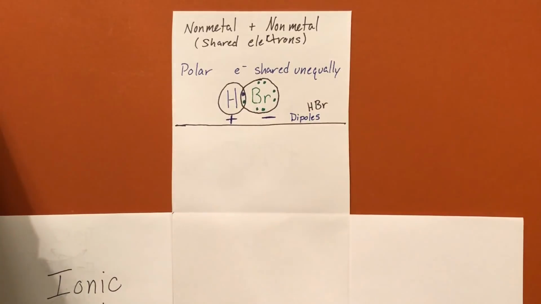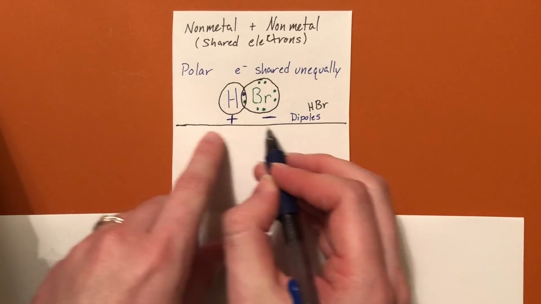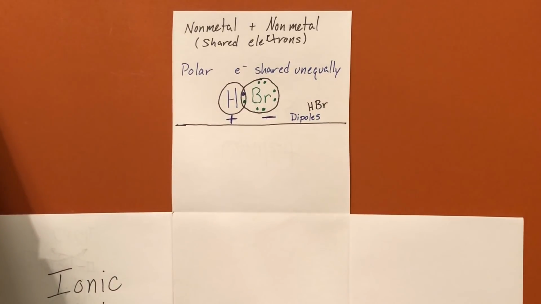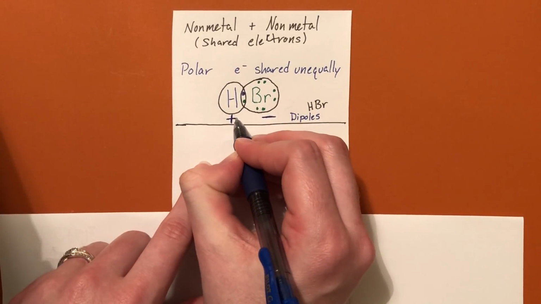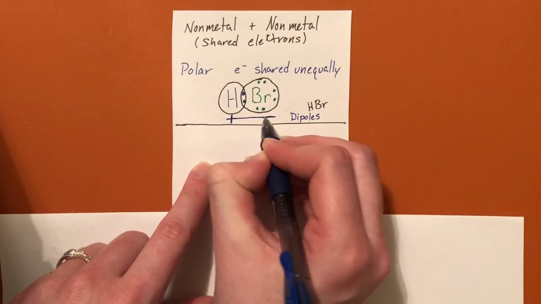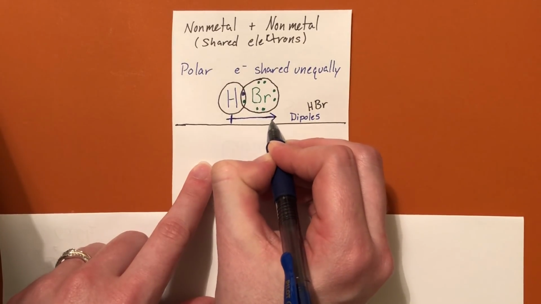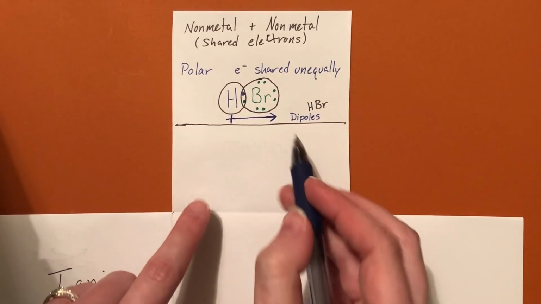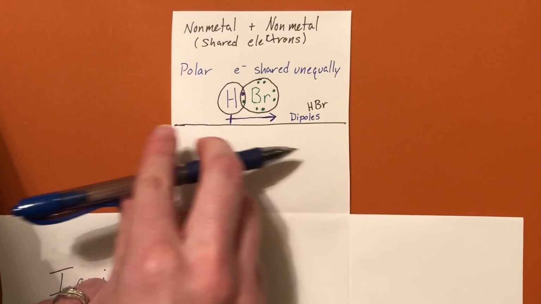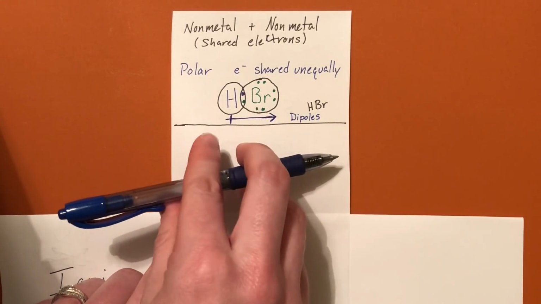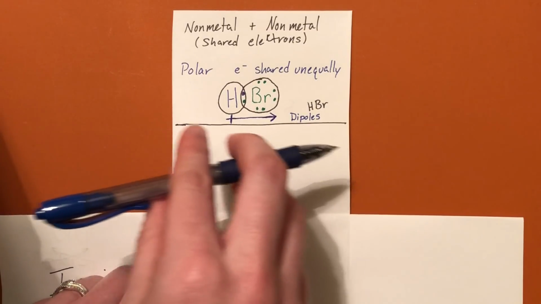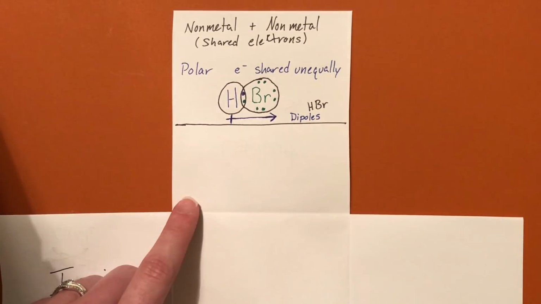So a dipole moment is a partial negative charge and a partial positive charge. And I connect my plus to my minus and then add an arrowhead. And this will show me that my dipole moment is moving towards bromine, so the electronegativity is moving towards bromine.